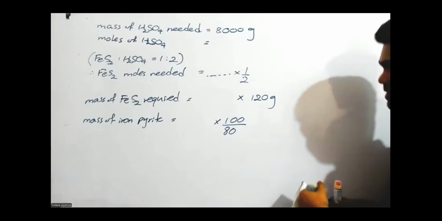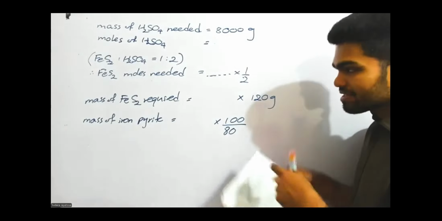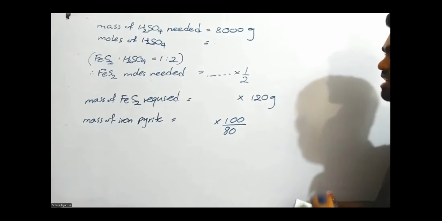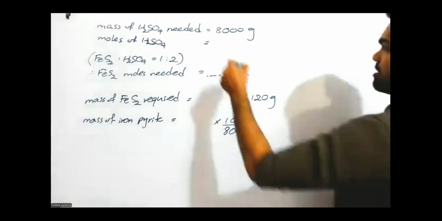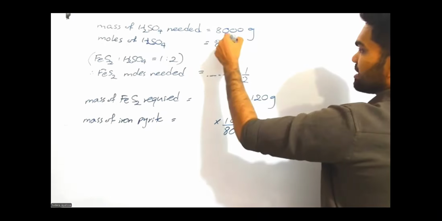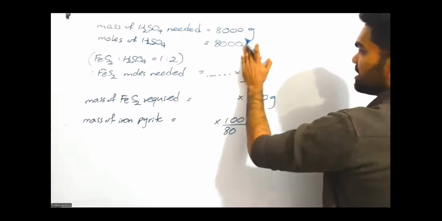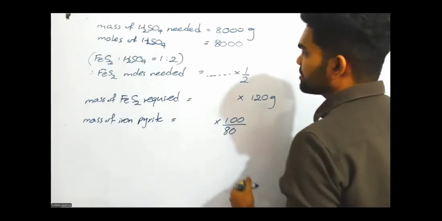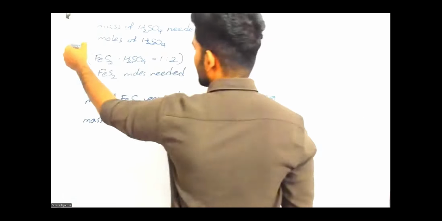There are many other methods you can do the same question, but this is kind of a basic way that everyone can understand. So let's divide this one by 98. Yeah, you need to show the molar mass of sulfuric also.